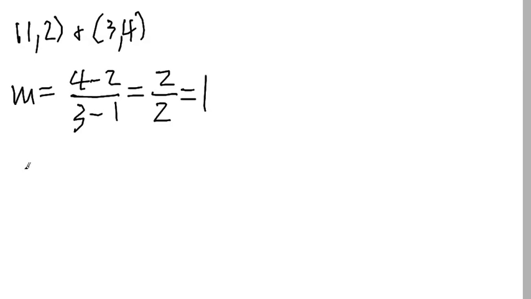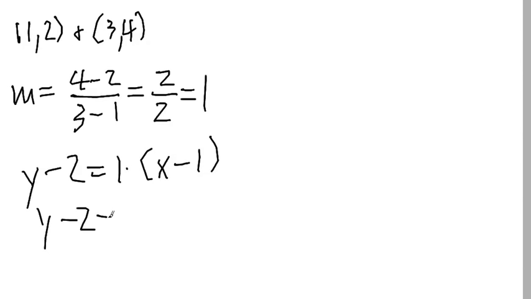Now, this means that we can apply the point slope form. And it doesn't matter which point we use. We could take y minus 2 is equal to 1 times x minus 1. And that's just y minus 2 is equal to x minus 1.